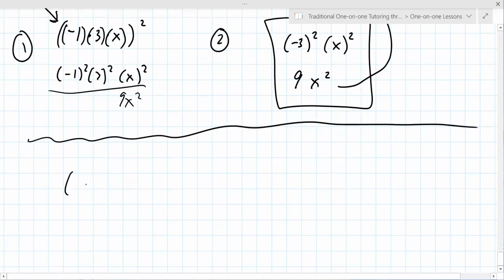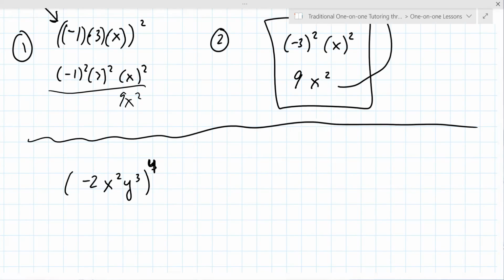Okay, so let's say negative 2x squared y cubed to the 3rd power. Actually, I'm sorry, to the 4th power. Let's do that. Give that a try, please. Negative 2 to the 4th power, x squared to the 4th power, y cubed to the 4th power.